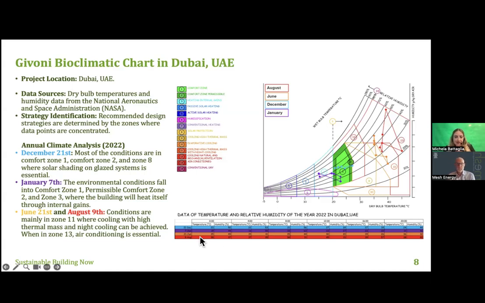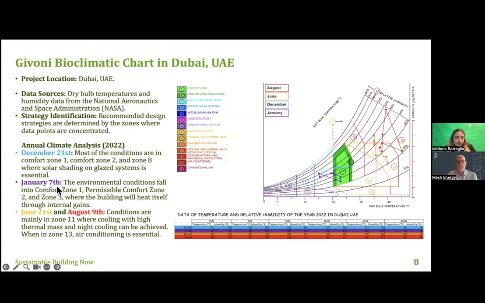I did the same for these 4 days, and here I understand that, for example, on December 21st, we are in comfort zone 1, admissible comfort zone 2, and then in zone 8, where solar shading on the glazing system is essential.